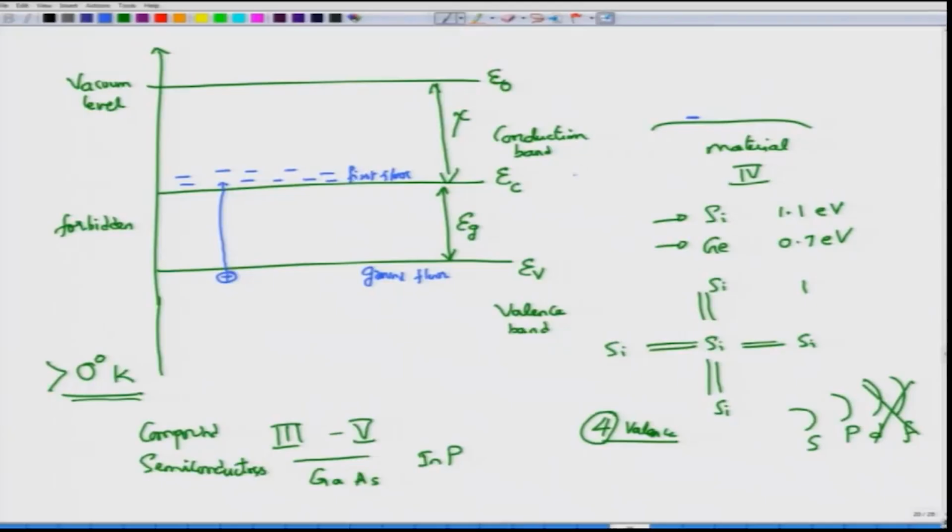And if you plot the concentration of these electrons, you will see that right at the band edge there is a large concentration which then decays exponentially as you go upwards in the energy state. Okay. So, this is what you would see when the temperature is greater than 0 degree Kelvin, and the width of this is roughly 2 kT, where T is the temperature at which the material is present. Now, because there are electrons which have been moved up, there will be holes.